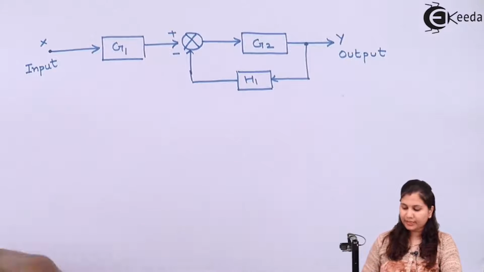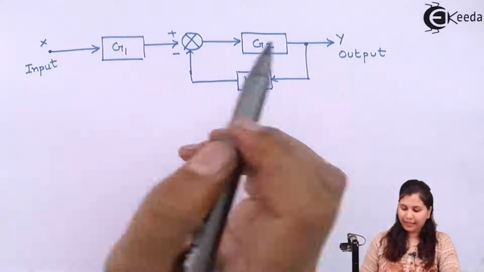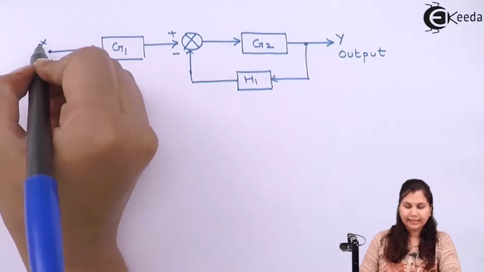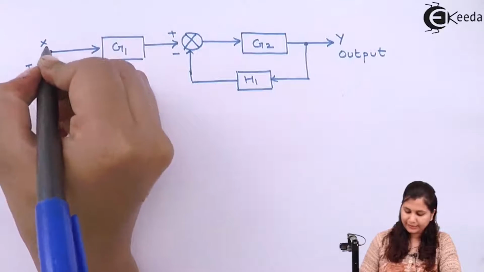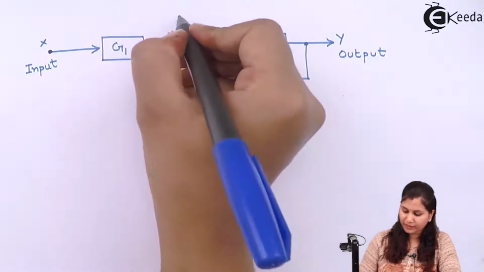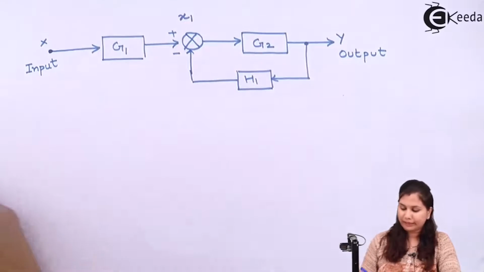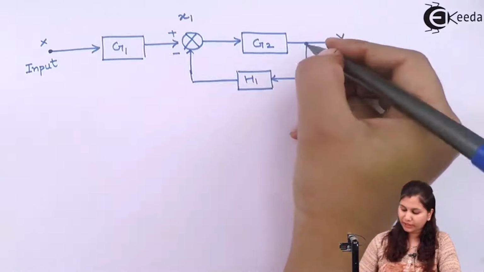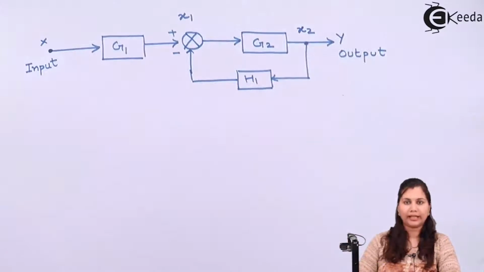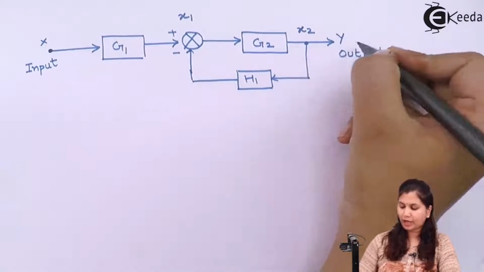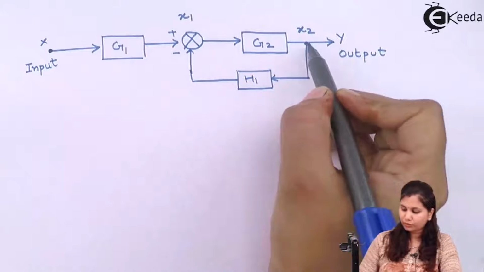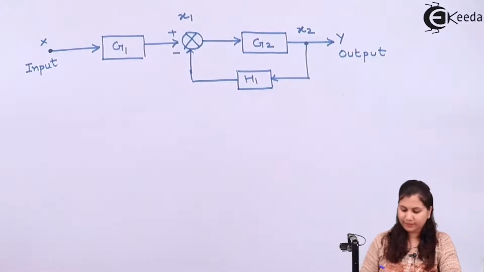First take the nodes for each variable. This is the input, that is x, so it is our node x, and again we have a summing point. For this we will have a node x1, then we have block G2, then we have this takeoff point. This takeoff point will be taken as the node x2 and this is the output node y. So there are 1, 2, 3, 4 nodes.